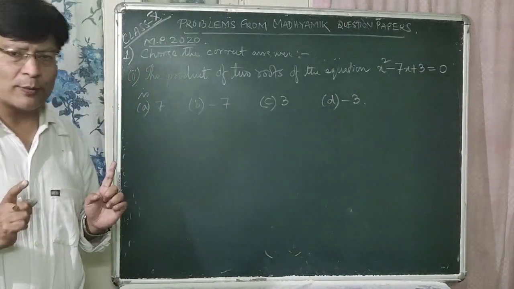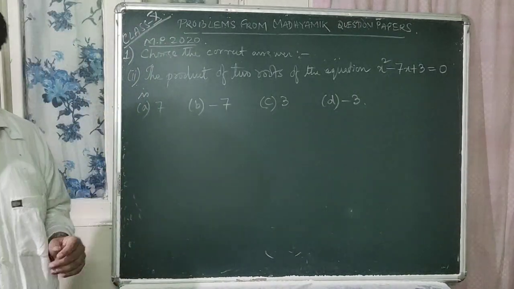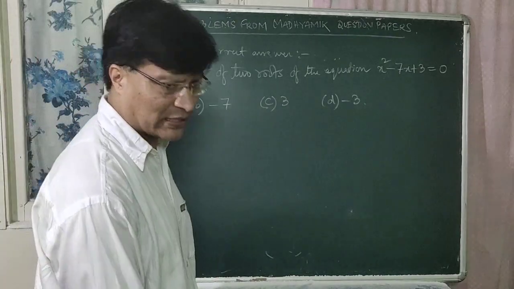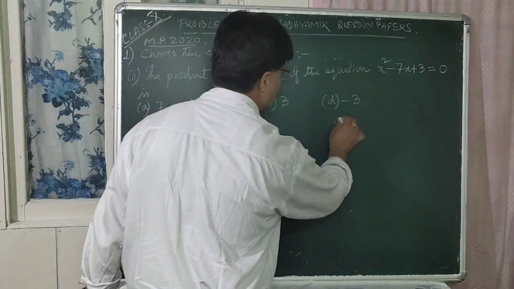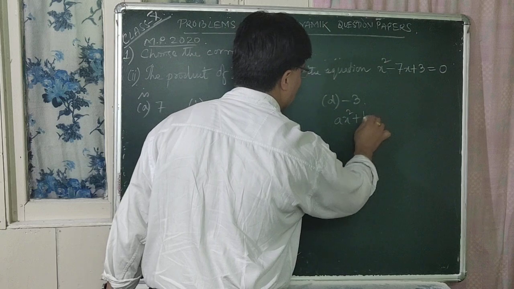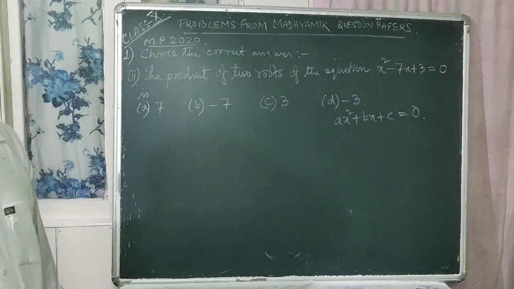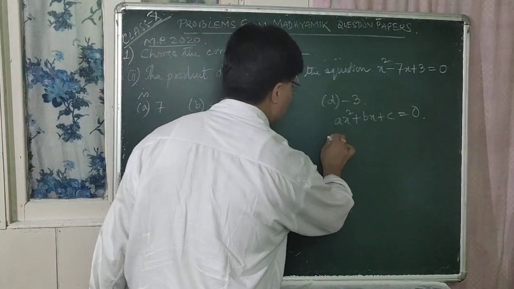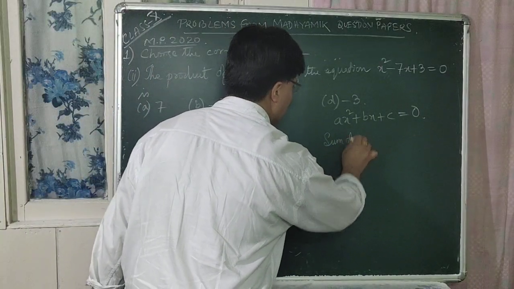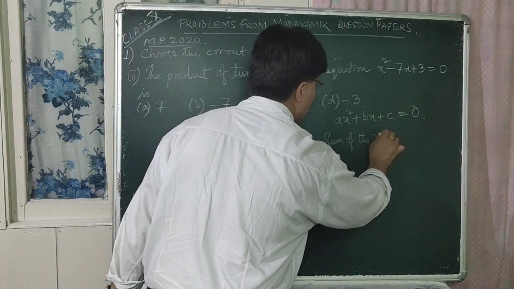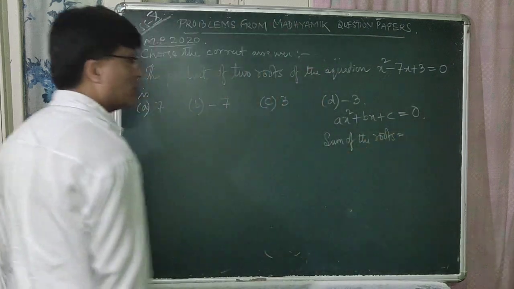So you should know the sum of the roots and the product of the roots. We have done it in the theory of quadratic equation, isn't it? If you have the equation ax square plus bx plus c is equal to 0, what is the formula for the sum of the roots?